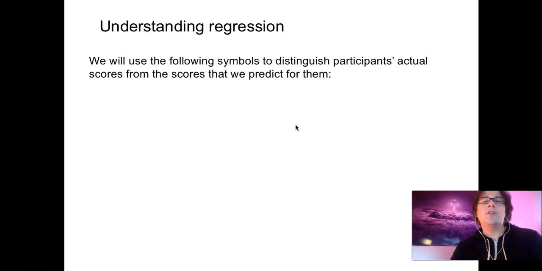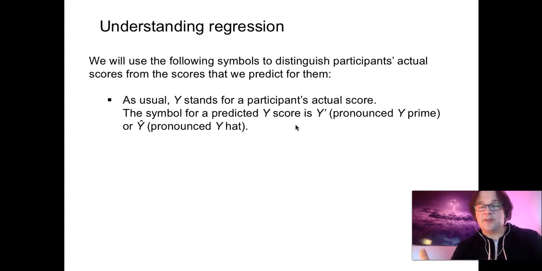So we'll use the following symbols to distinguish participants' actual scores from the scores that we predict for them. Their actual score is just going to be Y. No surprise here. As usual, Y stands for the participant's actual Y score. But when we make predicted scores, we have to let people know that we're talking about predicted scores, not actual scores. There are two ways that it's done.